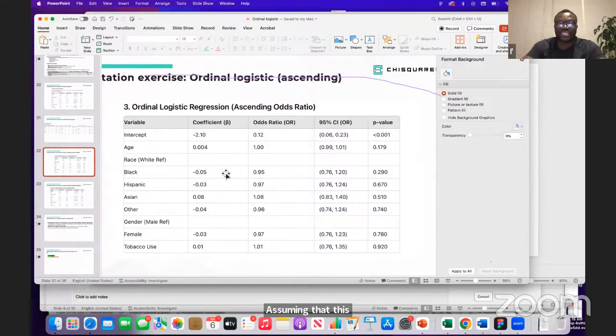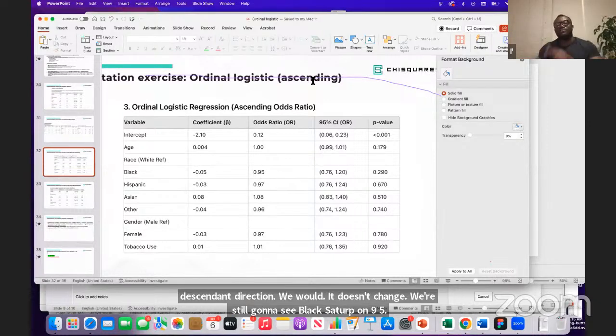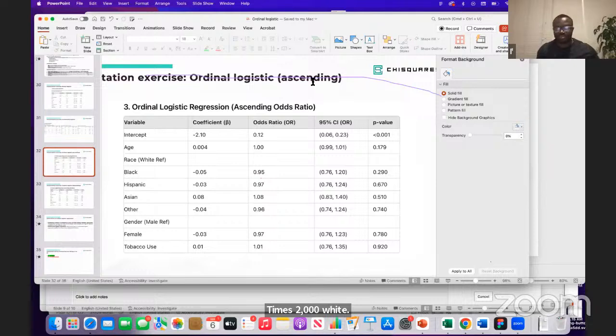We're still going to say blacks had 0.95 times lower odds than whites, but this time we'll say of reporting lower support. So the only thing that's changing is, are we going up the ladder or down the ladder? Are we saying increasing support or decreasing support? That's the only thing that changes. So the direction in an ordinal logistic regression is just so we can frame the results in the direction we want, whether ascending or descending. Does that answer your question?